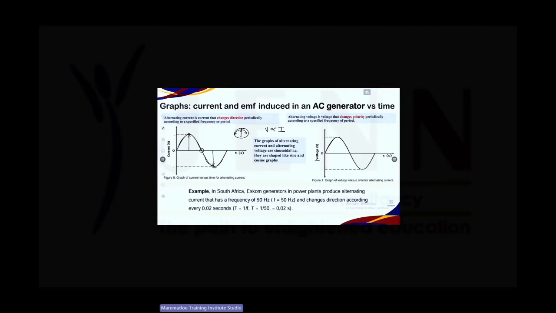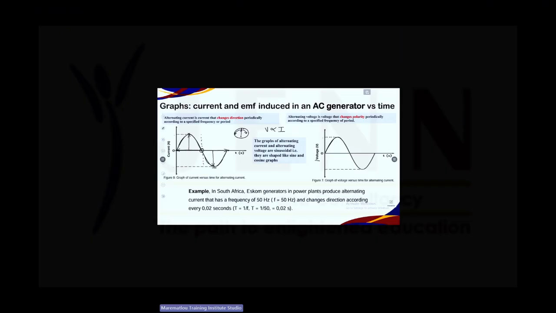Now, can you remember from grade 10 that we worked with frequency as well? When you look at the graph, you had one wavelength, né? One wavelength represents one oscillation or one rotation of your coil. Up until here you had half of a wavelength, and then the wavelength goes from the start to the end.